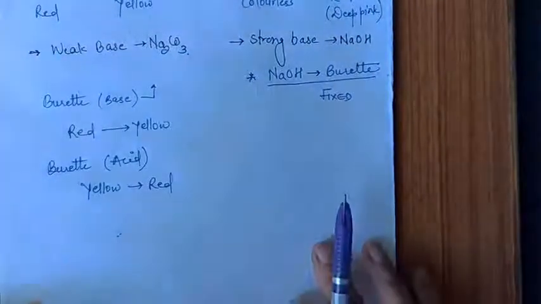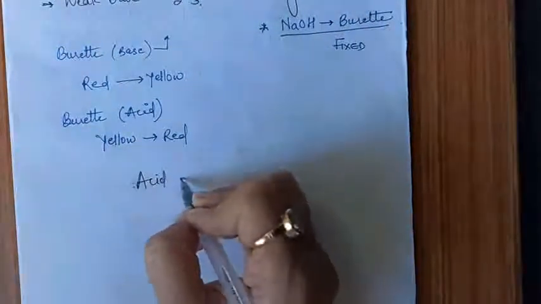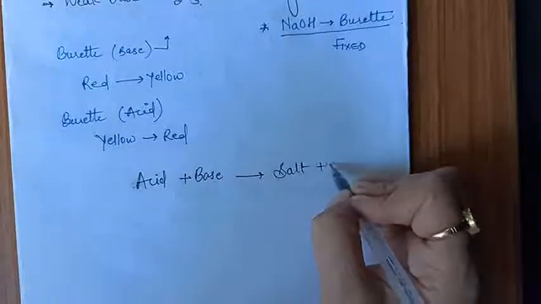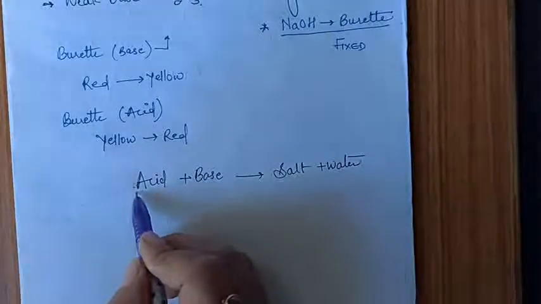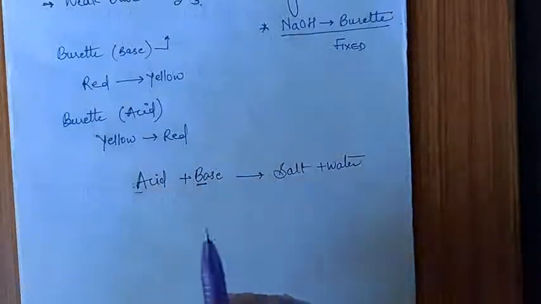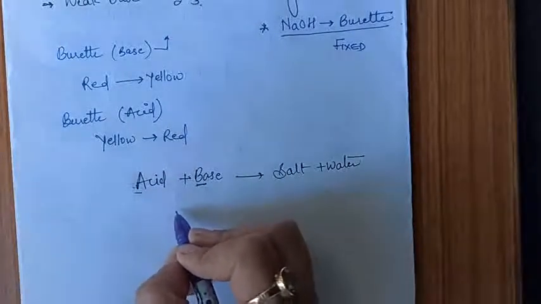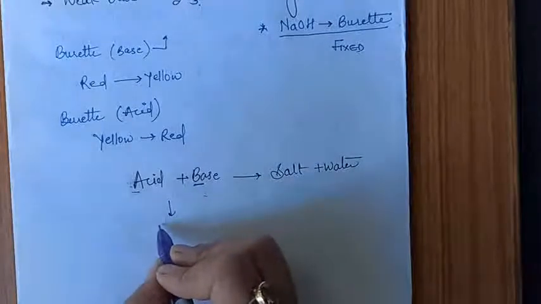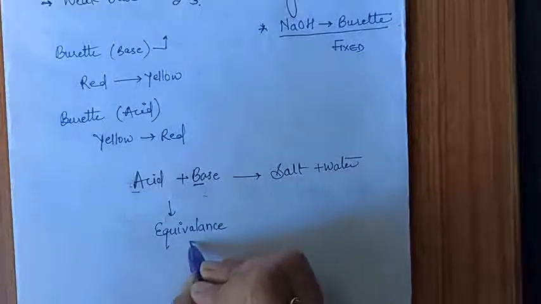Now, as I taught you on the previous page, you are doing a titration between acid and base. Okay, so it will give you salt plus water, which is your neutralization reaction. You already know. When you are adding acid to base, or base to acid, vice versa, whatever you are doing, there will be some point at which the quantity of both will be equal, and that point while doing the reaction is called as equivalence point.